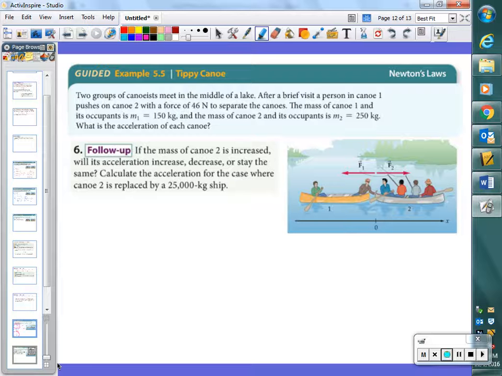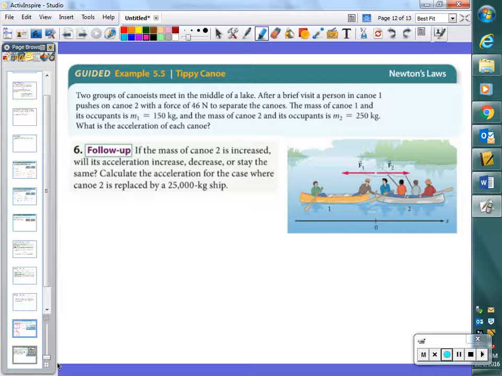We talked earlier, right? How does mass affect the acceleration of an object? Inversely. So if this tanker ship, 25,000 kilograms, has a way bigger mass than the canoe that originally applied the force, what are we going to see about its acceleration?